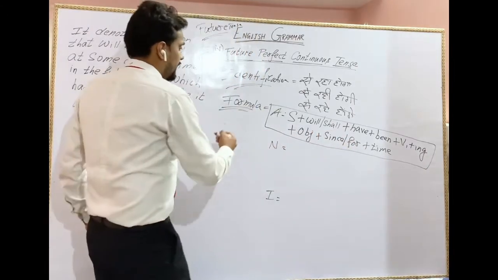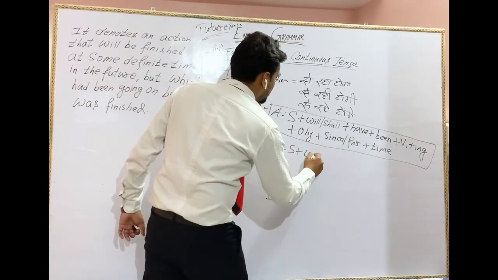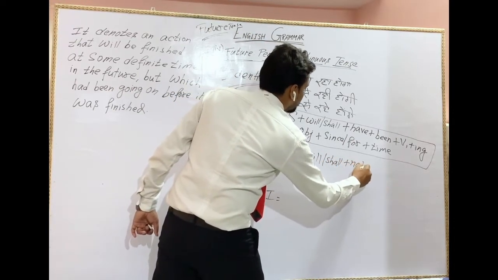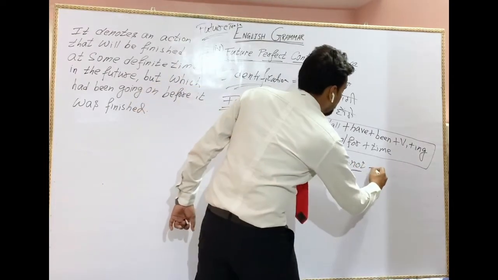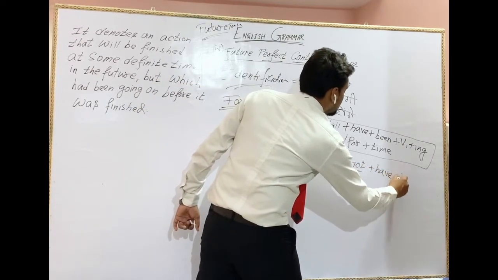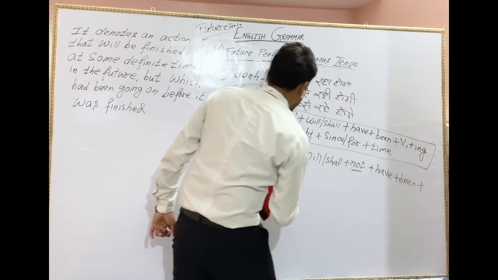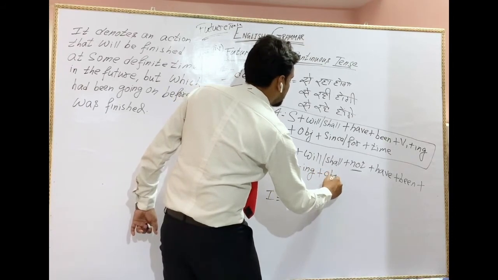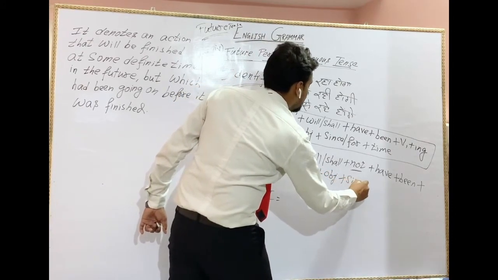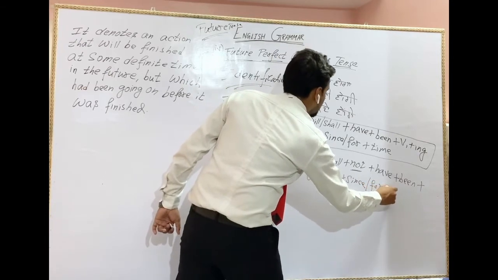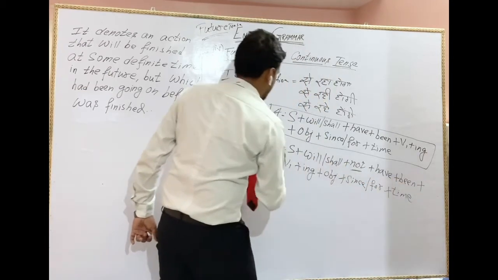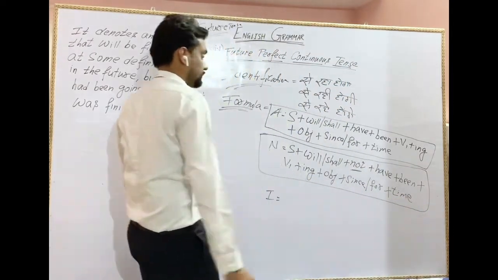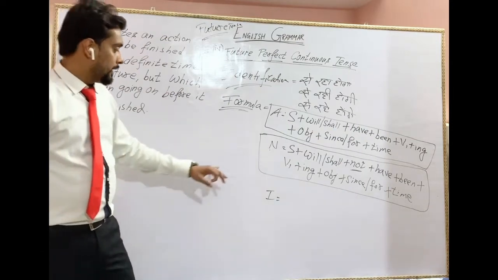Okay, so in negative, subject plus will or shall plus not, because this is negative, plus have plus been plus v1 plus ing plus object plus since or for plus time. This is for negative. Clear? Interrogative.